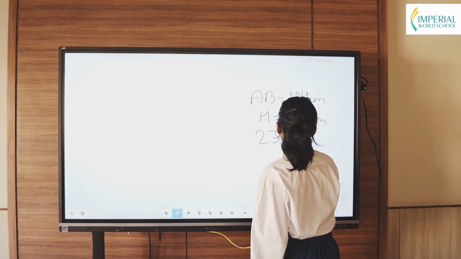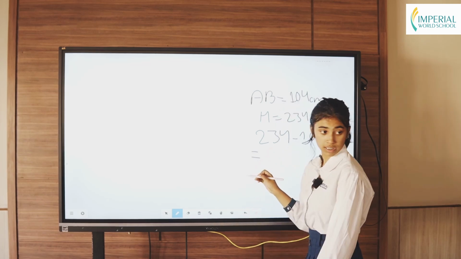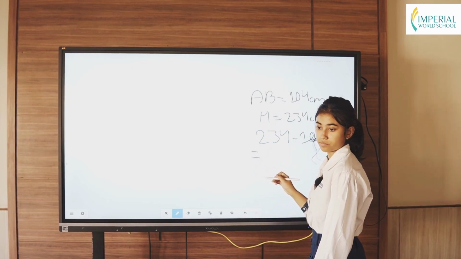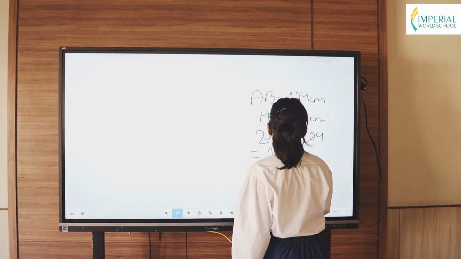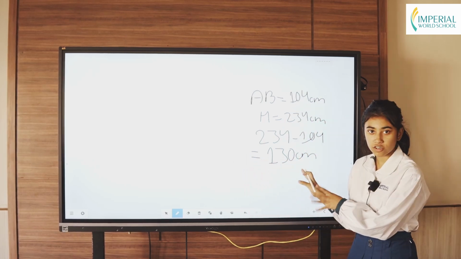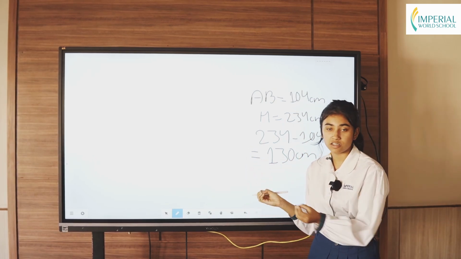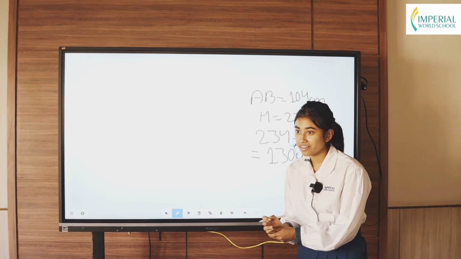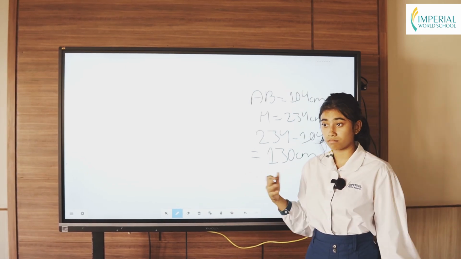So 234 minus 104 would be 130 centimeters. So now this 130 centimeters means that this is approximately the suspect's height. So guys, we have found that the person is approximately 130 centimeters.